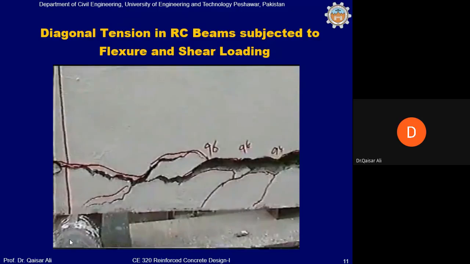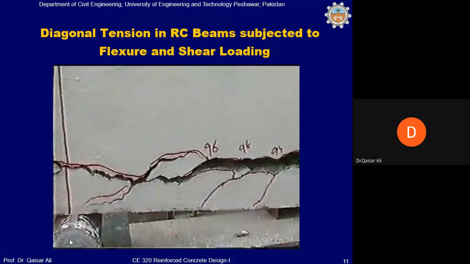And this is a very sudden failure. So it is a sudden, brittle, and dangerous failure. The flexure failure was very gradual, and it was ductile, so it is not as dangerous as shear failure.